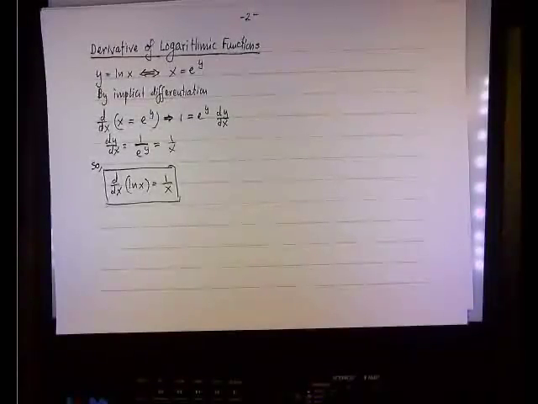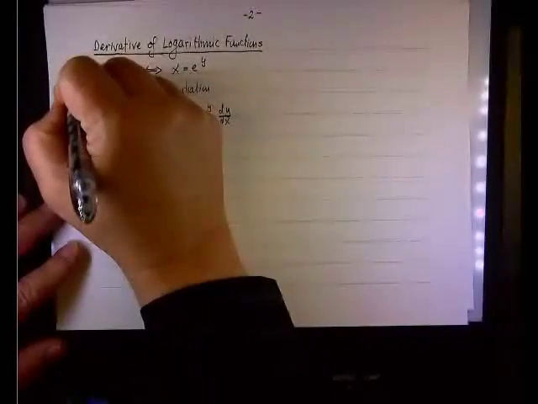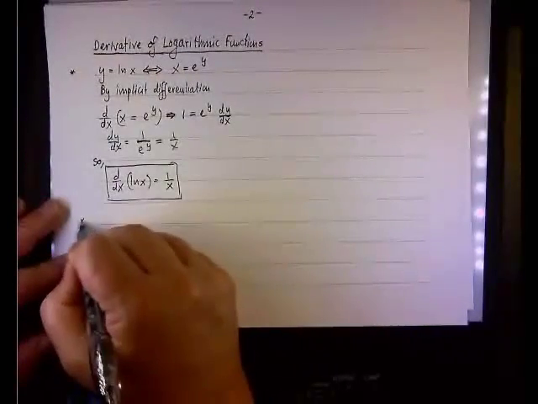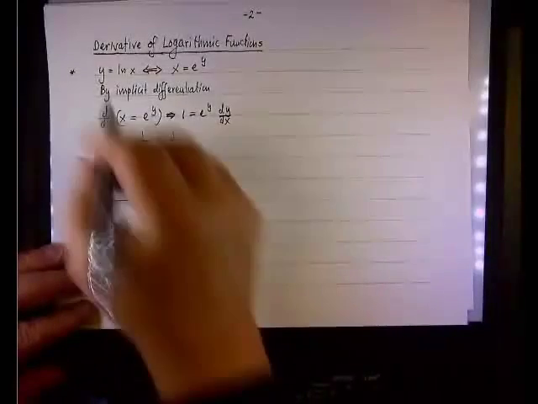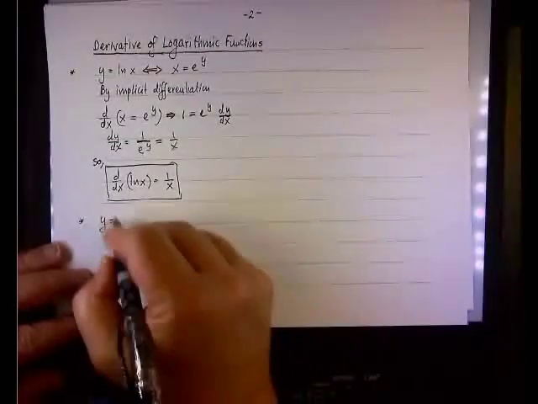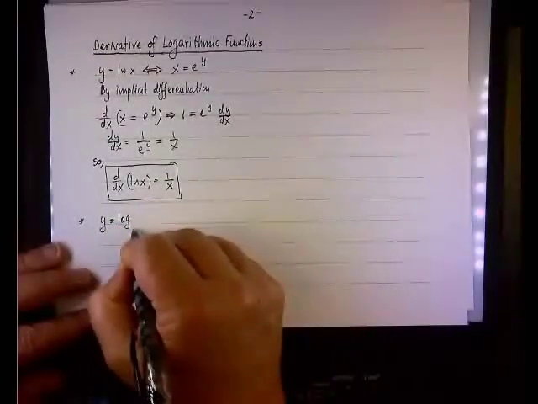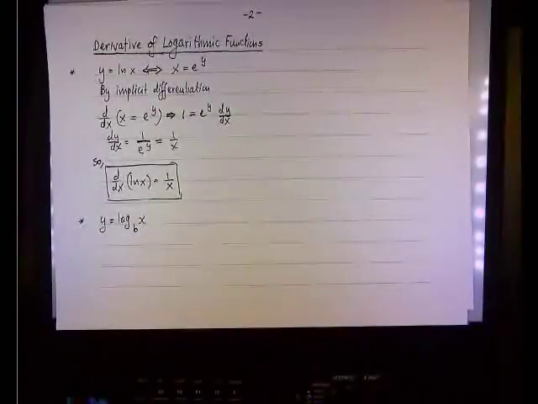What about a different base? So this will be point number 1. Point number 2, the next point: let's say that y is a different base. This is the base e, the natural log, but if you have a generic base, let's say log base b of x, how do we find its derivative?